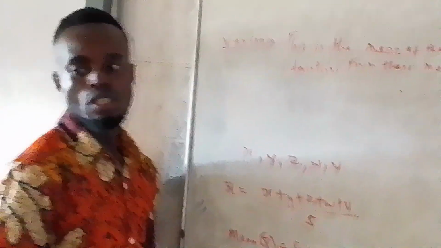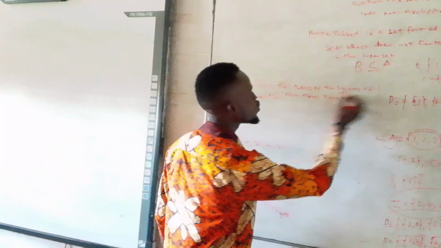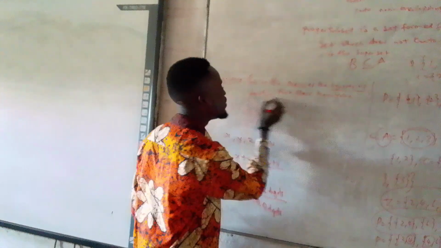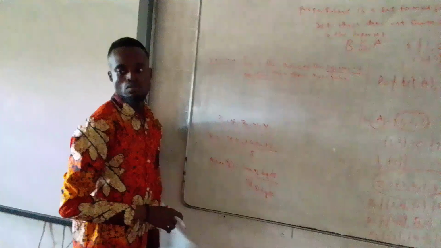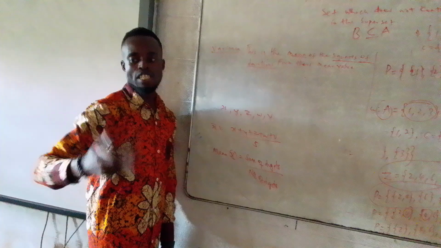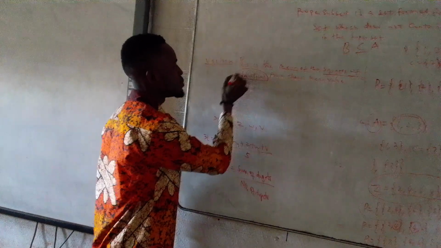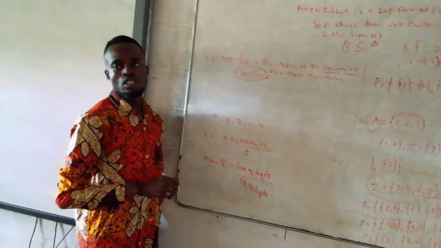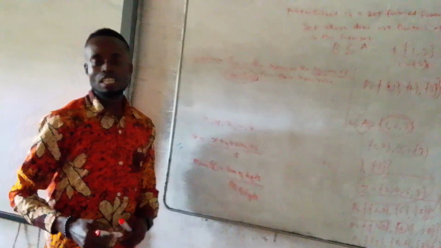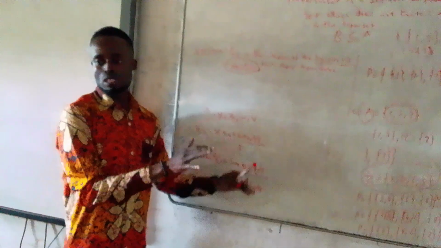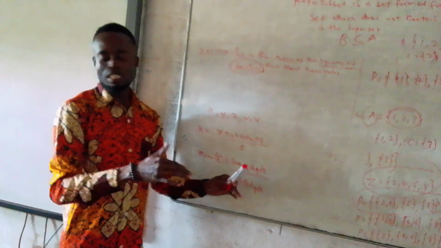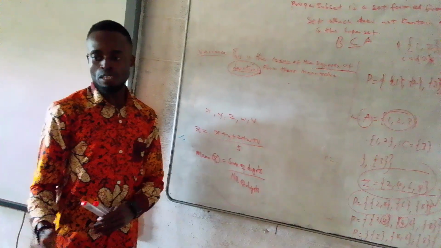So variance is the mean, which is the average. Mean of what? The mean of squares of deviations. So for you to understand better what variance is, we start with the mean of deviation. When we say something has deviated, it means that it has gone out of normal. It has left the normalcy and becomes abnormal.